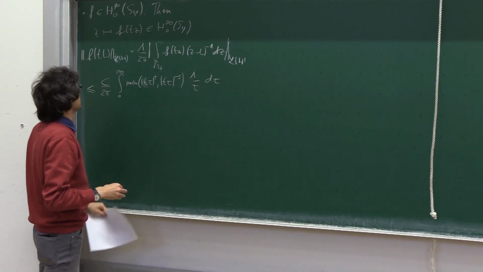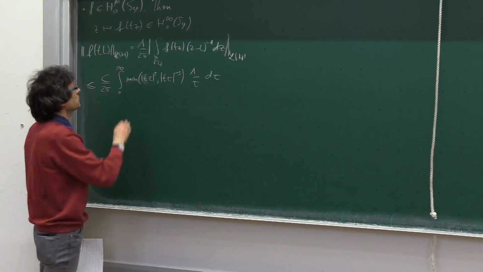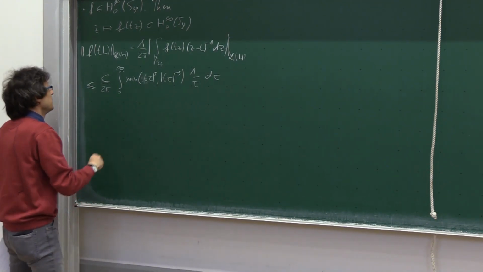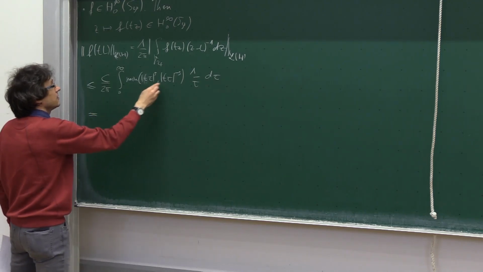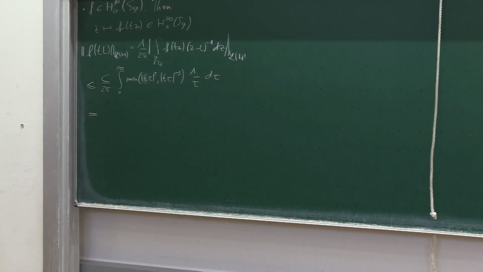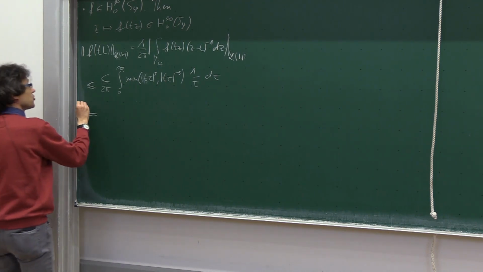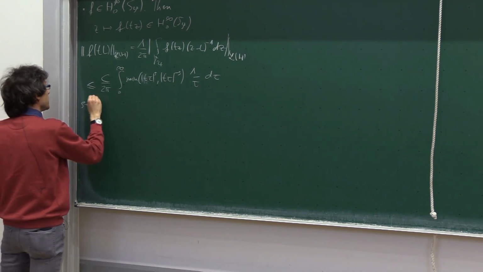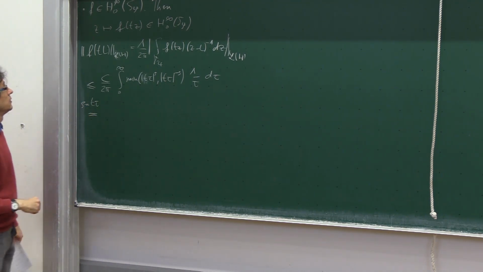But we want to show that this is bounded in t, so there is still some t left, but this t here only looks like it would be important, because what you can now do is a substitution. Rho is equal to t tau.